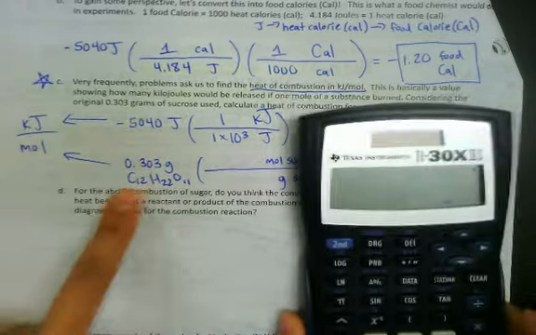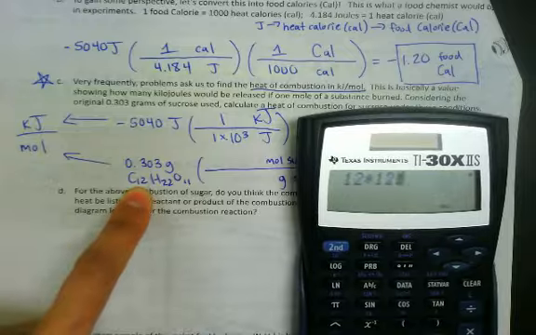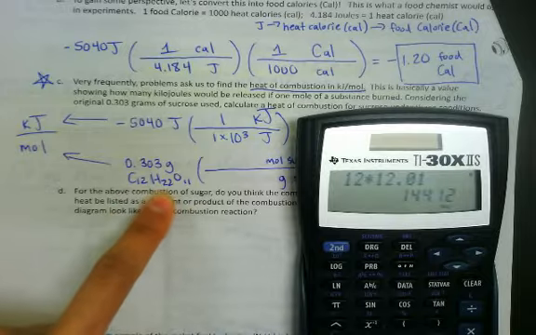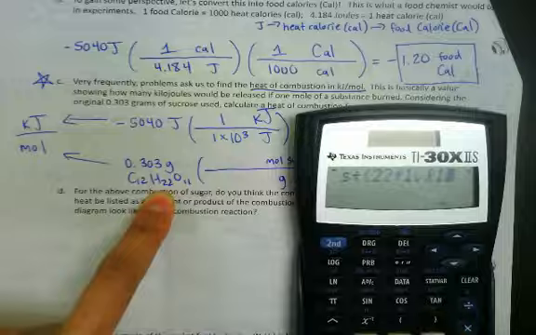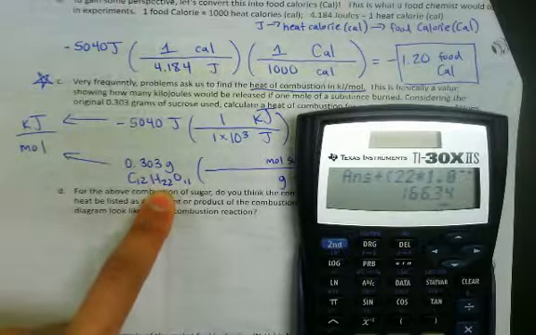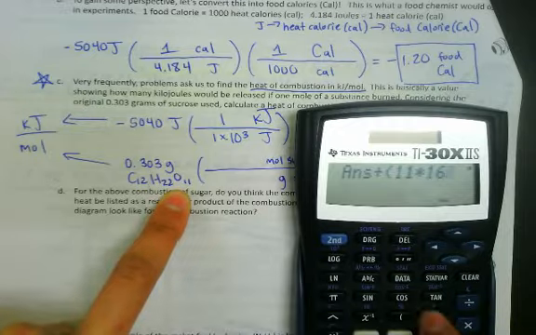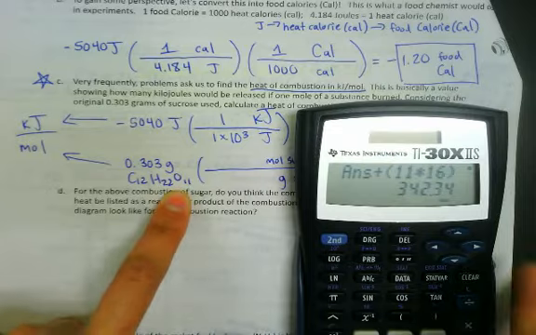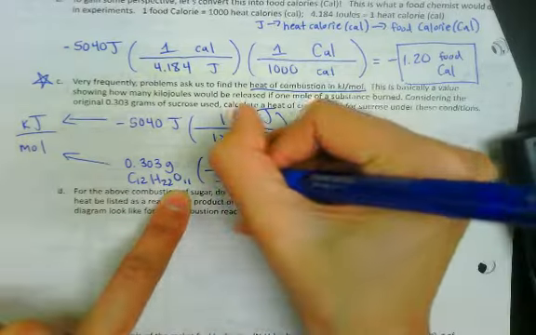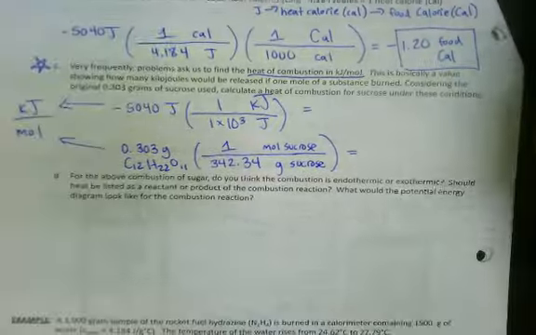And then if you were to calculate the molar mass, you do 12 carbon, 12 times 12.01, plus 22 hydrogen, 22 times 1.01, that's the molar mass of hydrogen, you look at your periodic table, plus your 11 oxygen times the 16, which is on your periodic table. You can get this as your molar mass, 342.34. There's 342.34 grams of sucrose in 1 mole of sucrose.